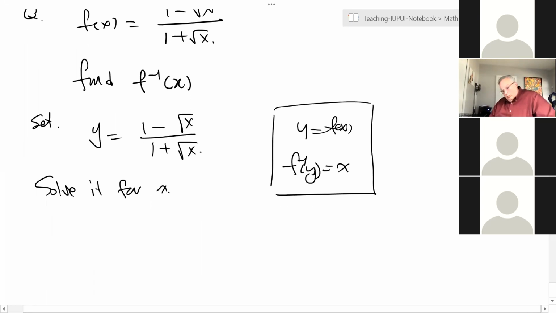Okay, let's solve it. How do you solve it? You multiply both sides by 1 plus √x.